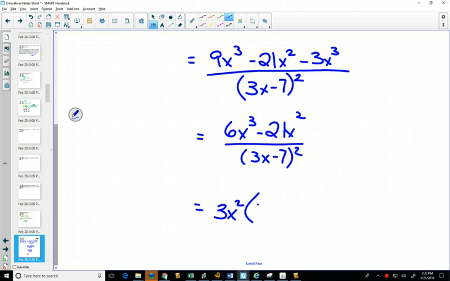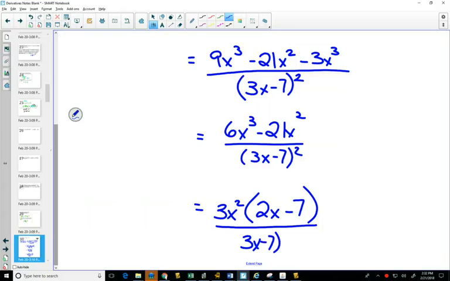That will leave me with 2x minus 7 over 3x minus 7 squared. Once it's factored, we check if there's any factors that can cancel out. In this case, there are none, so we would leave it like this.